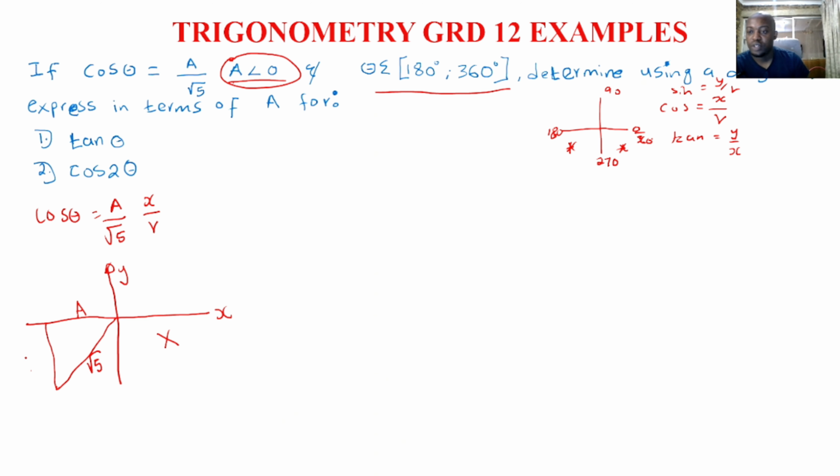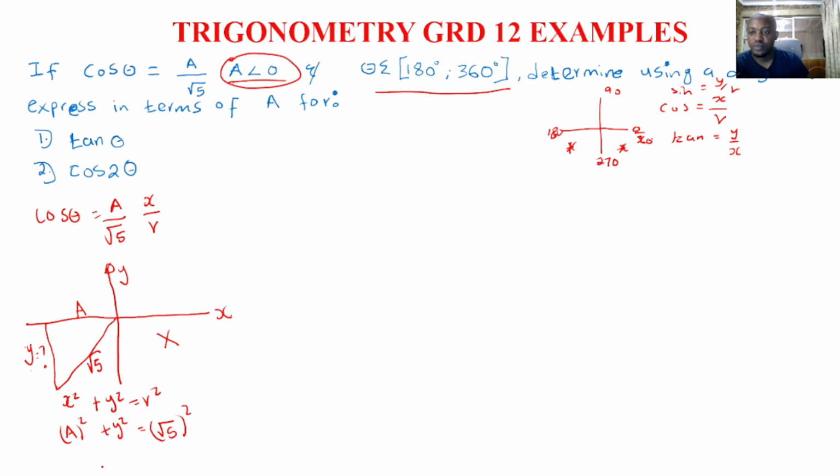So we need to find out what y is. We don't know y, but we can use the Pythagoras theorem. Pythagoras theorem states that x squared plus y squared is equal to r squared. You already have x squared, which is a squared. You are looking for y, you don't know what y is. r is the square root of 5, squared.